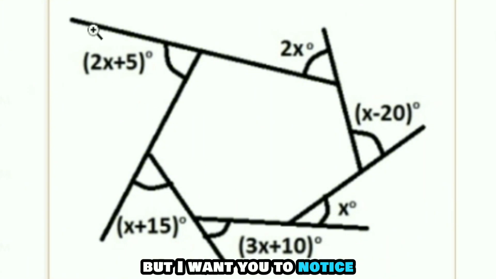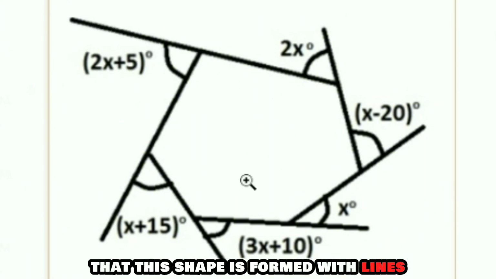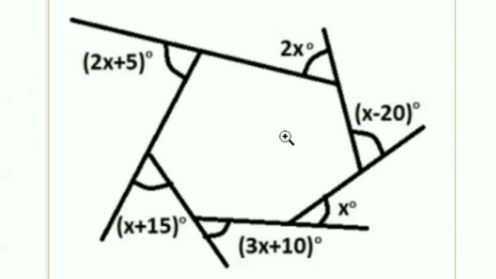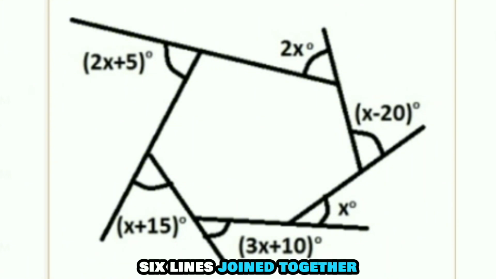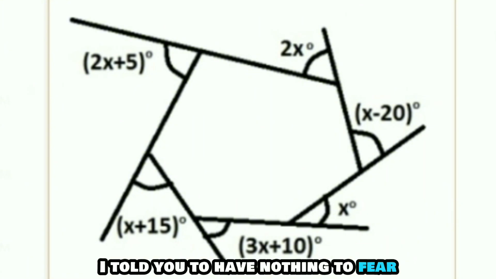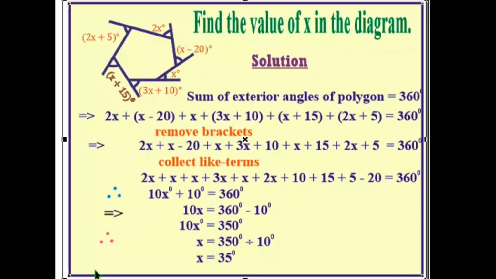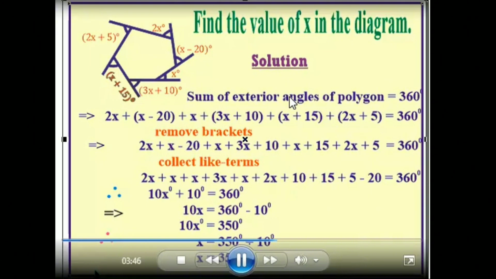Notice that this shape is formed with lines, 6 lines joined together, forming a polygon. Is it not? I told you to have nothing to fear. In this question, we are asked to find the value of x in the diagram, but you must know the key. The key is the sum of exterior angles of a polygon is equal to 360 degrees.